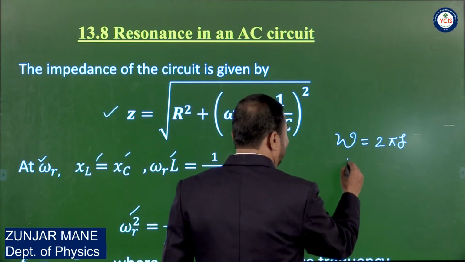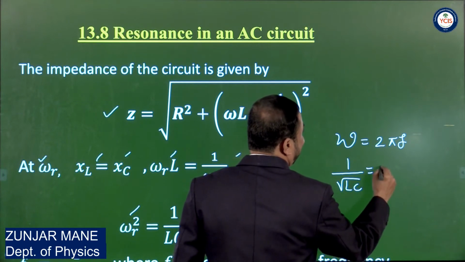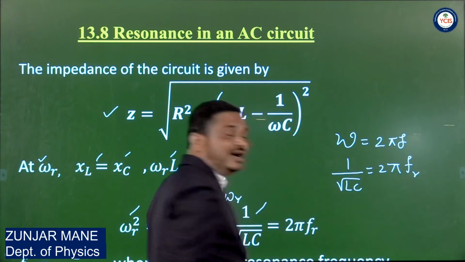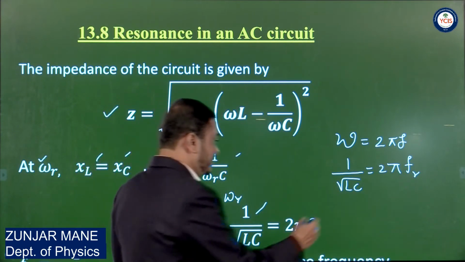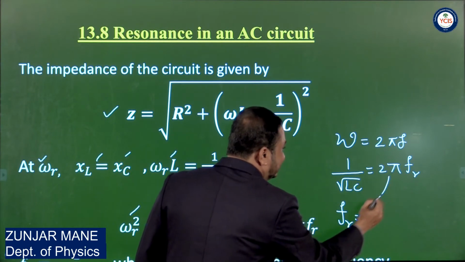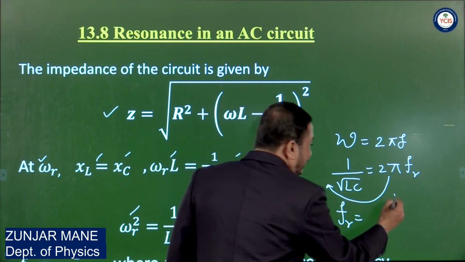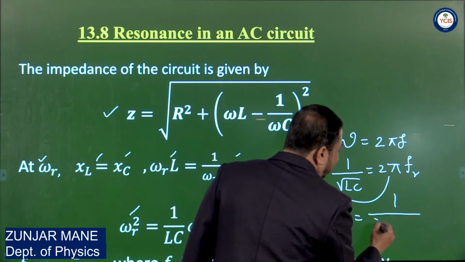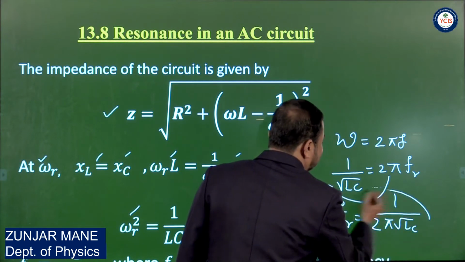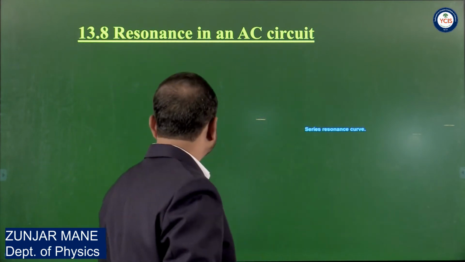If 2 pi is sent to the denominator, we have 1 upon 2 pi under root LC, and this frequency is called the series resonance frequency.